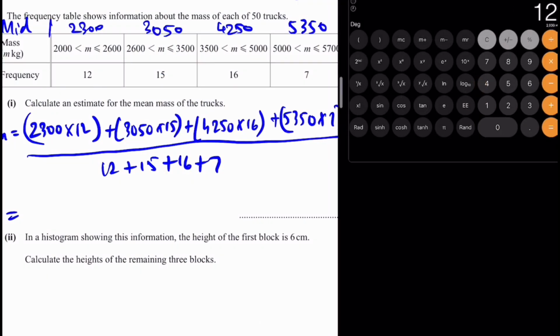That will be 178800 divided by 12 plus 15 plus 16 plus 7, which is 50. Now we can just divide and get the answer 3576.